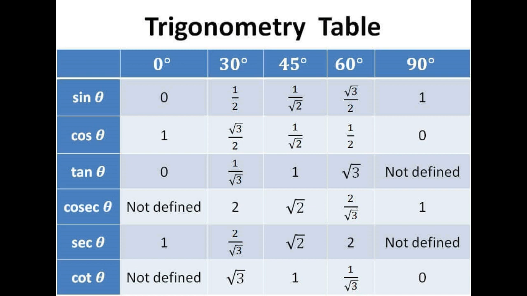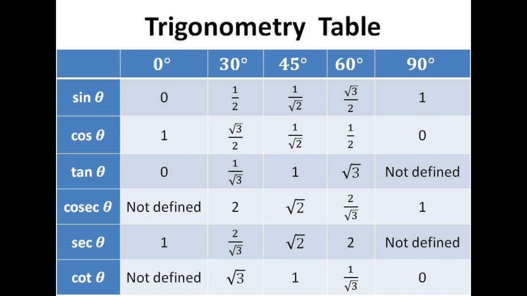And as you can see here also, 1 is in the middle, and in cot, which is the reverse of tan, obviously on the left we have root 3, and on the right of 1 we have 1 upon root 3. So repeat this tan and cot again.